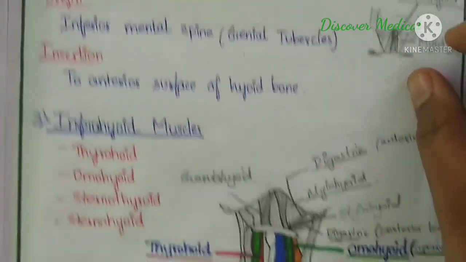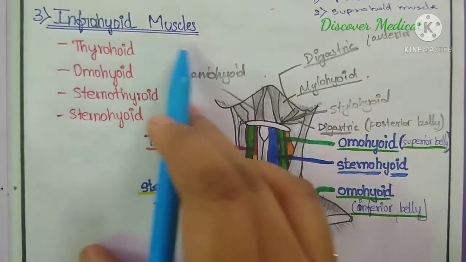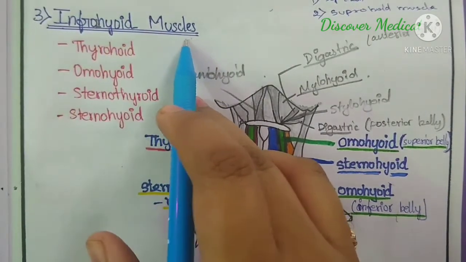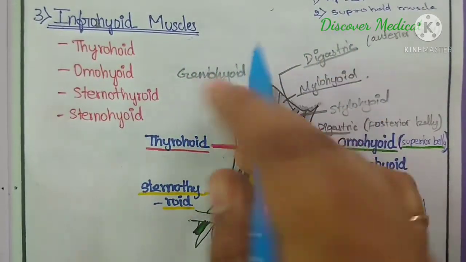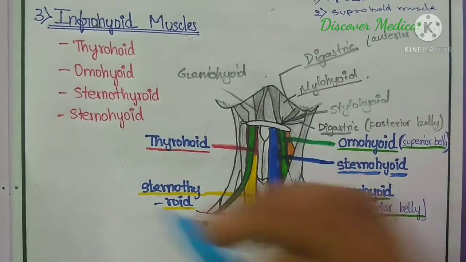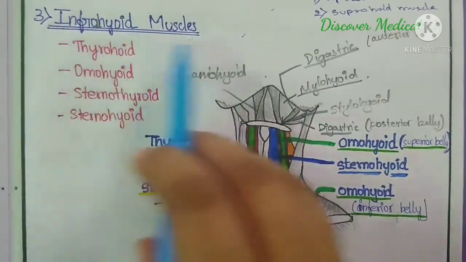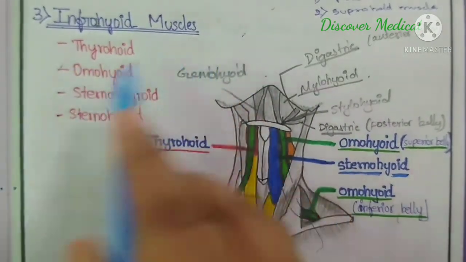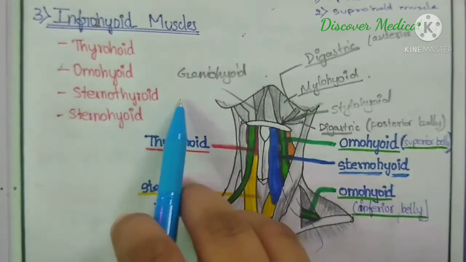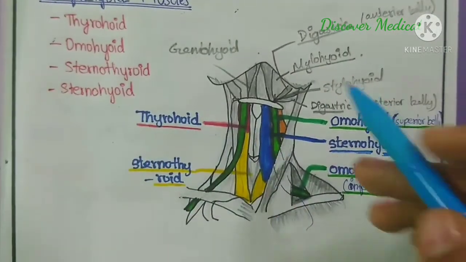Okay. Now third, infrahyoid muscles. Firstly, we saw superficial and lateral cervical muscles. Secondly, we saw suprahyoid muscles. Now we are going to see infrahyoid muscles. Infrahyoid muscles are thyrohyoid, omohyoid, sternothyroid, sternohyoid. See in the picture.